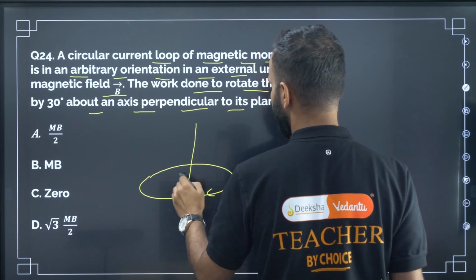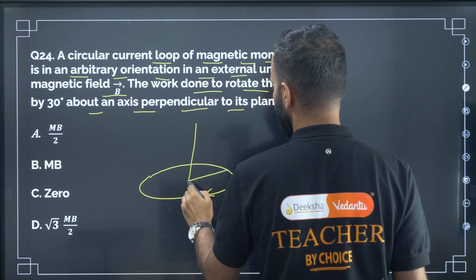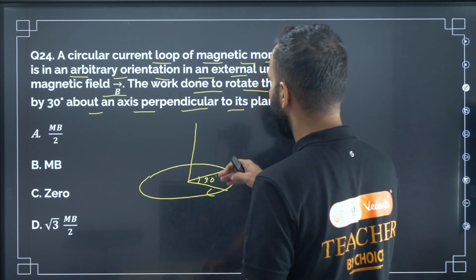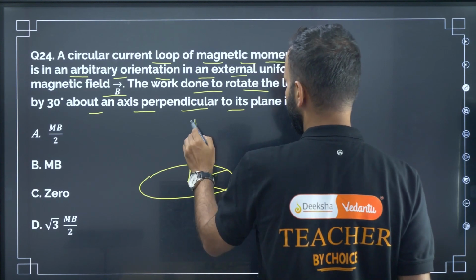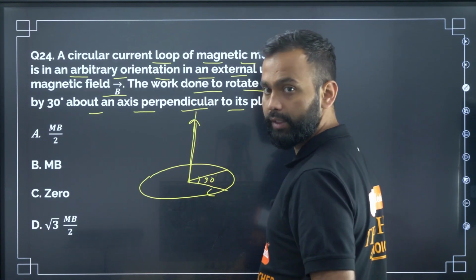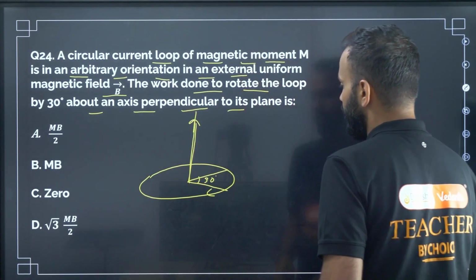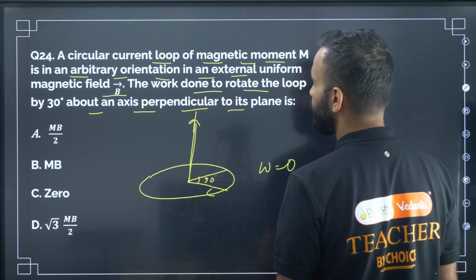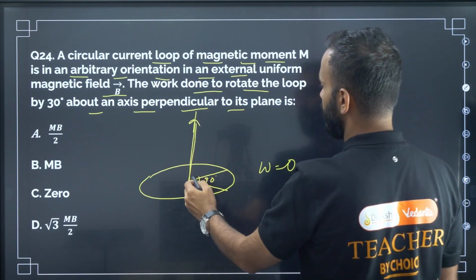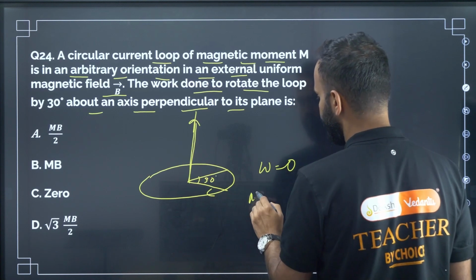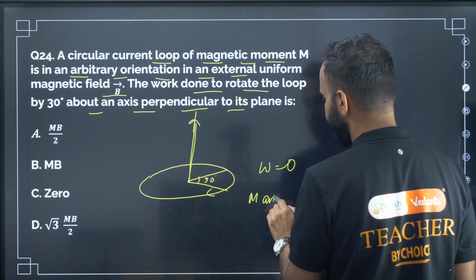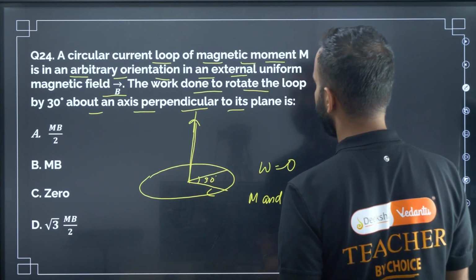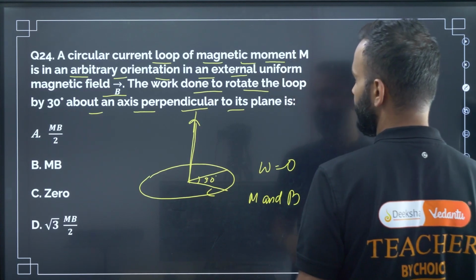We need to find the work done to rotate this loop by 30 degree about an axis perpendicular to its plane, right? Here the work done will be 0. Why is the work done 0? Here the magnetic moment and magnetic field vector, right?